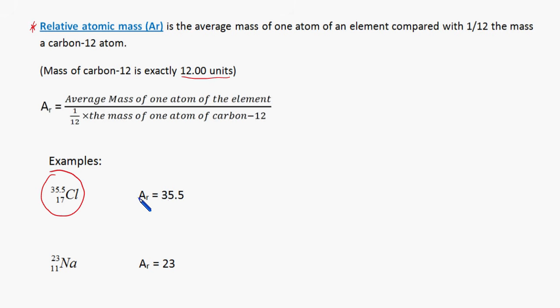So the relative atomic mass for chlorine in this case is 35.5. If we look at sodium, which is 23/11 Na, the mass number is 23. So the relative atomic mass is equal to 23. This information is usually determined or can be found on the periodic table.